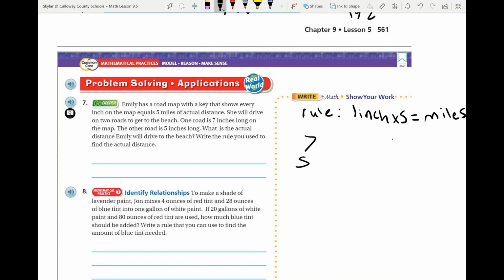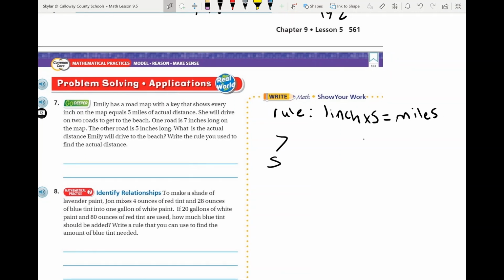So let's just plug those into the rule. 7 times 5 and 5 times 5. 7 times 5 is 35. 5 times 5 is 25. So we're trying to find out her total distance, so we just add those together and we will get 70 miles. And your rule is just inches times 5, distance times 5. Pretty simple stuff.